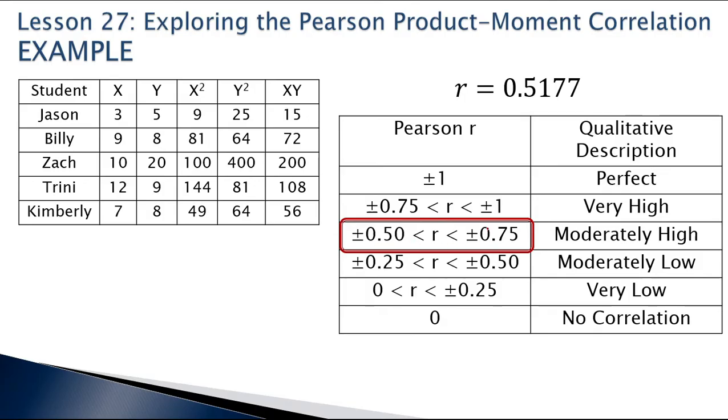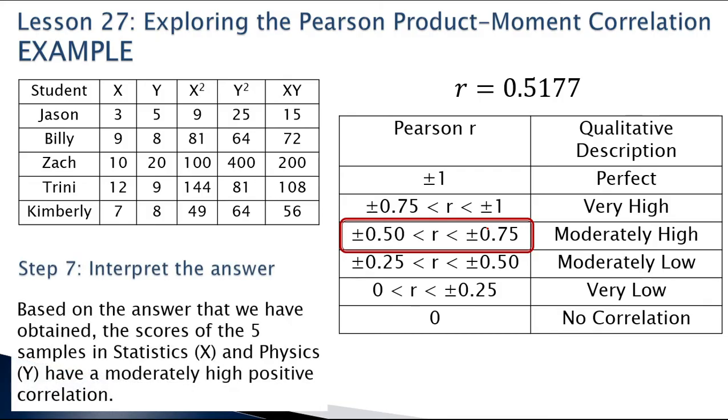Therefore, anong masasabi nating relationship ng dalawa, nung scores ng statistics saka ng score ng physics? We can say that, based on the answer that we have obtained, the scores of the 5 samples in statistics and physics have a moderately high positive correlation. Bakit positive? Kasi hindi siya negative dito. Moderately high based on the qualitative description.